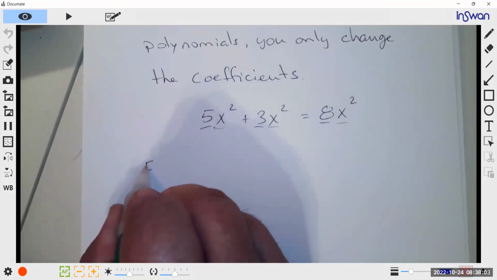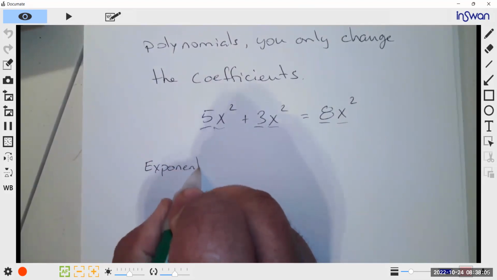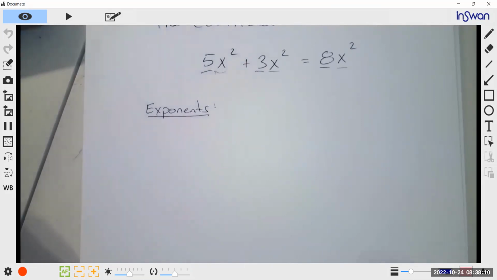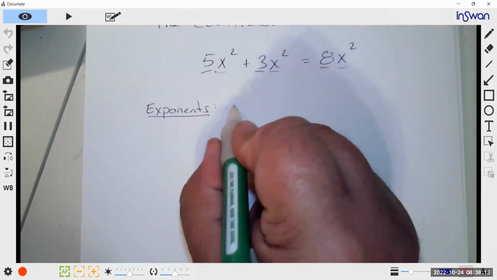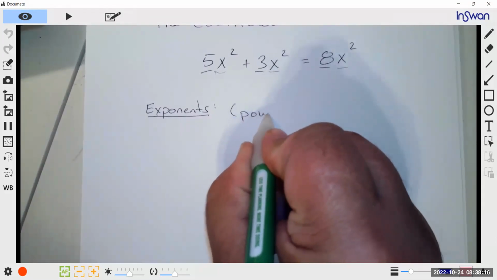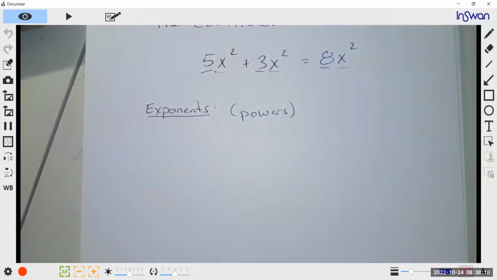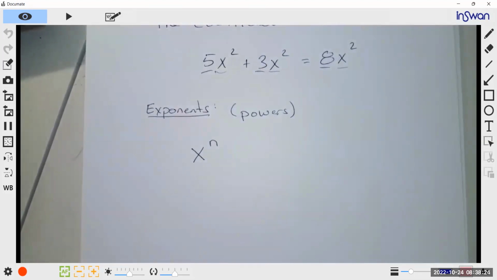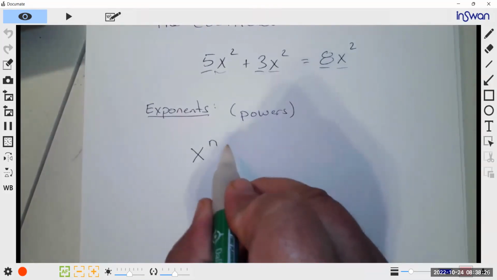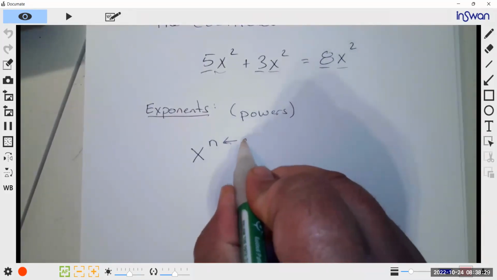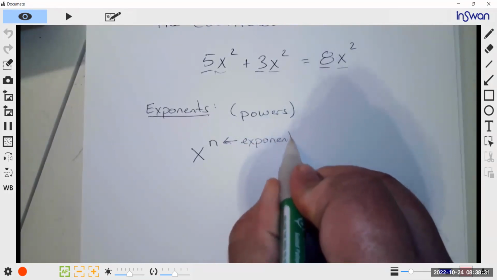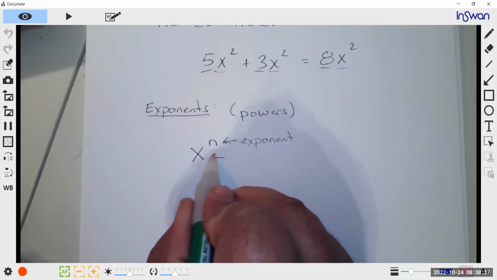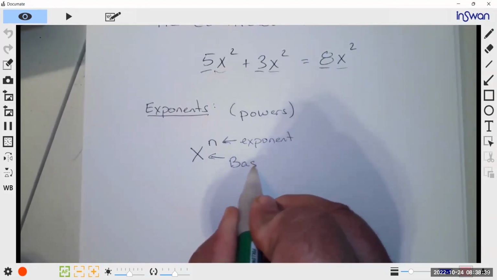So let's look at exponents, or what people call powers. The exponent is that little number up on top. The number on the bottom is called the base.